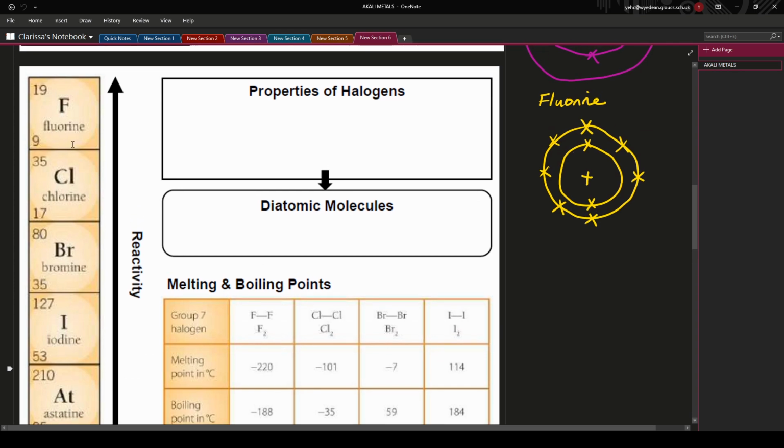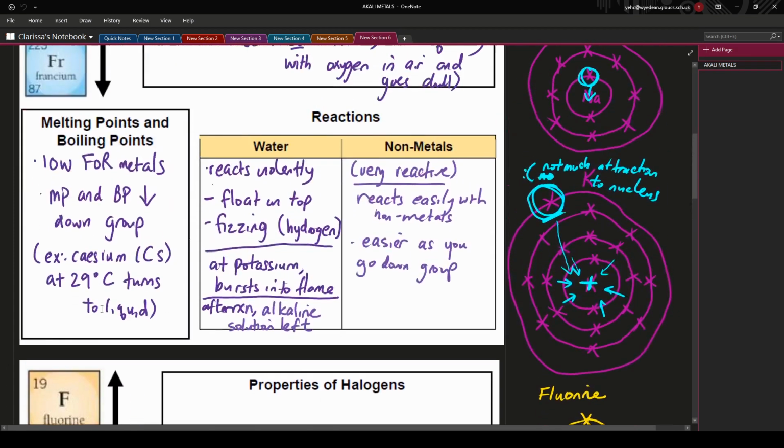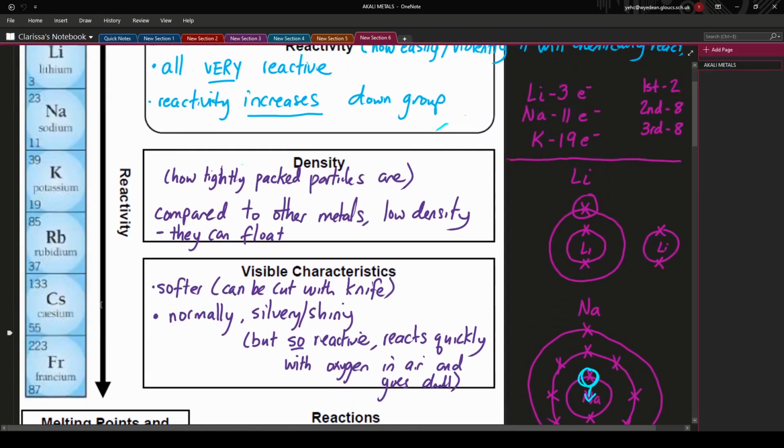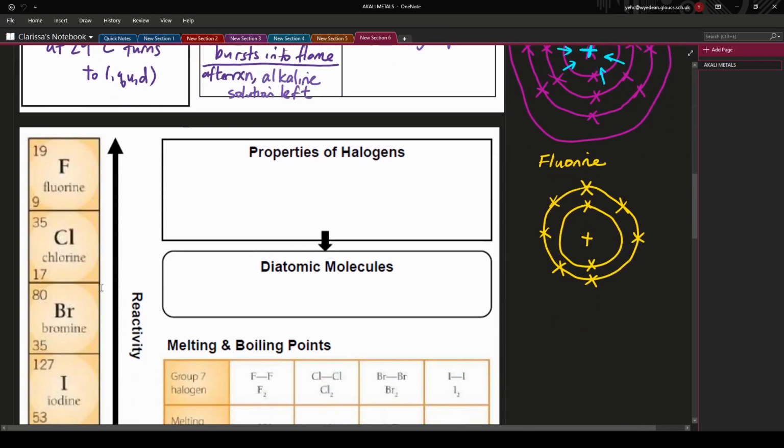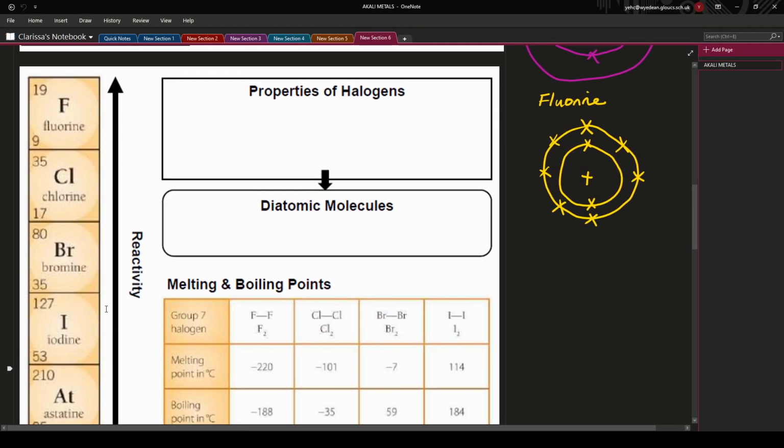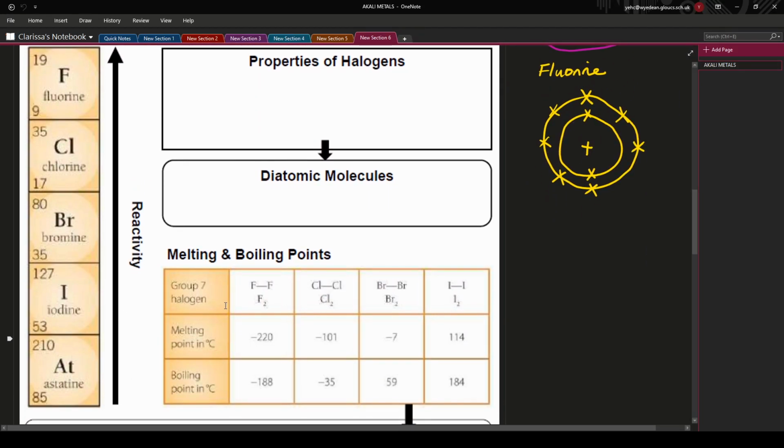So in this case, fluorine is the most reactive, and astatine and iodine are the least reactive ones, whereas it was the opposite way around for the alkali metals, where francium and cesium were the most reactive, lithium was the least reactive. So the halogens, group 7, are the opposite to group 1 in terms of reactivity.